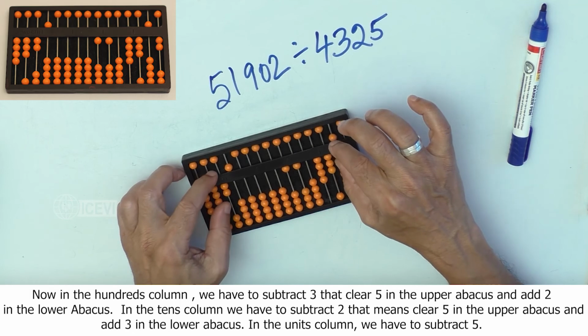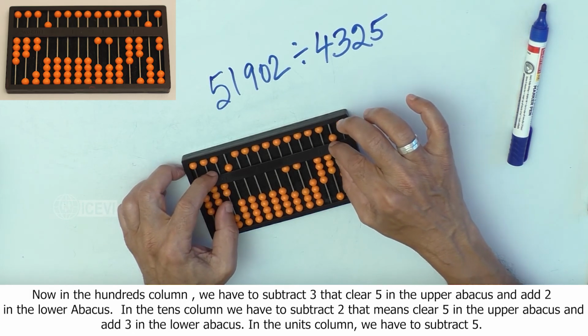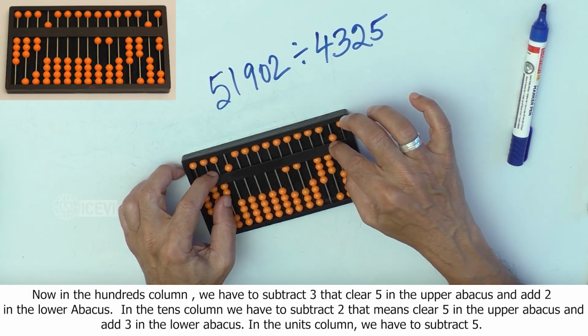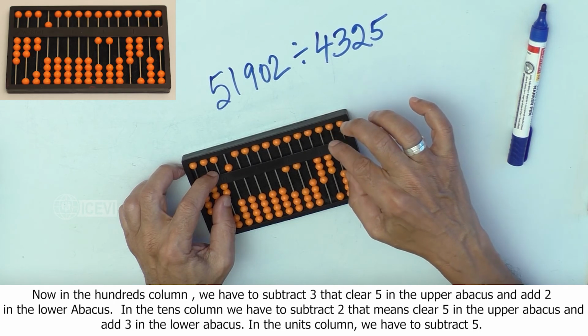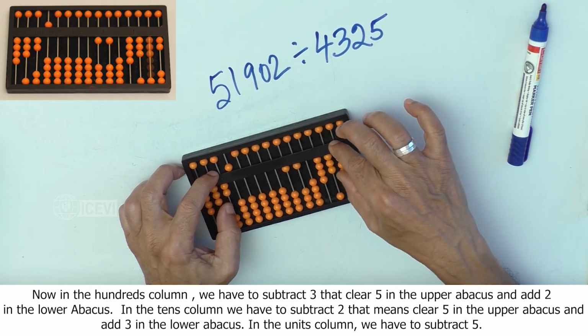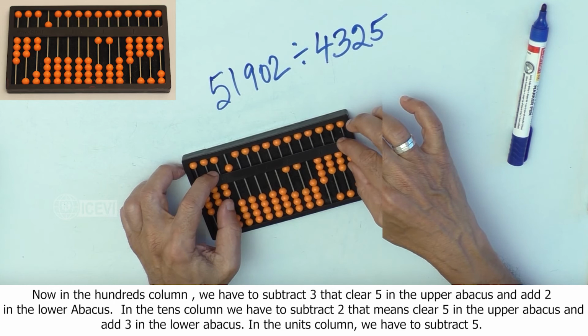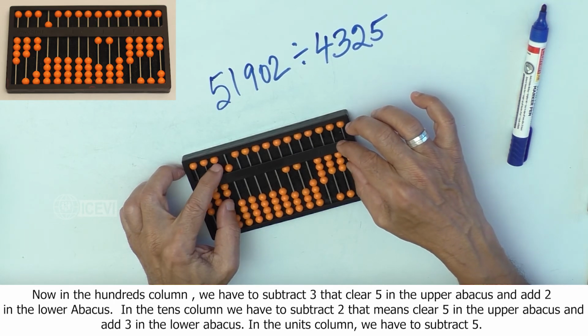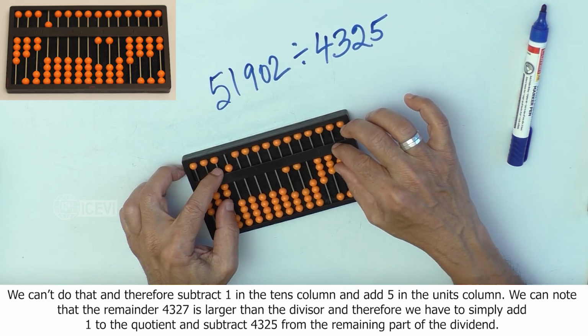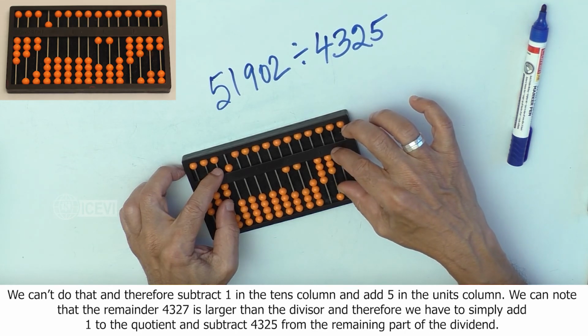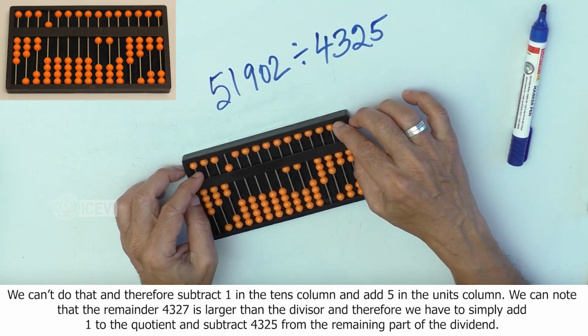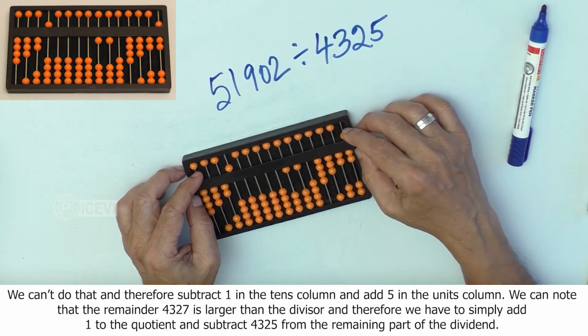In the tens column we have to subtract 2, that is clear 5 in the upper abacus and add 3 in the lower abacus. In the units column we have to subtract 5. We cannot do that, and therefore subtract 1 in the tens column and add 5 in the units column.